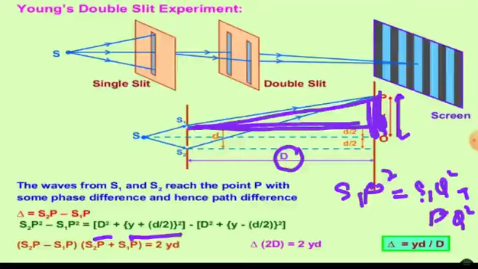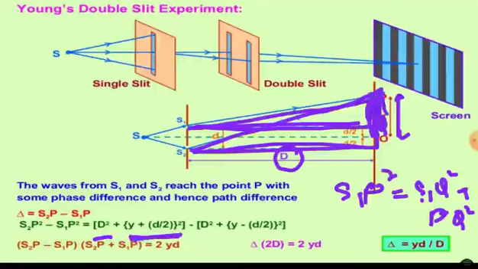This is for S2P, for this one. For S1P, I have told you that it is Y minus d by 2, it is here. This is for S1P square, and this is for S2P square. Got it? If you do that, then you will get these two.